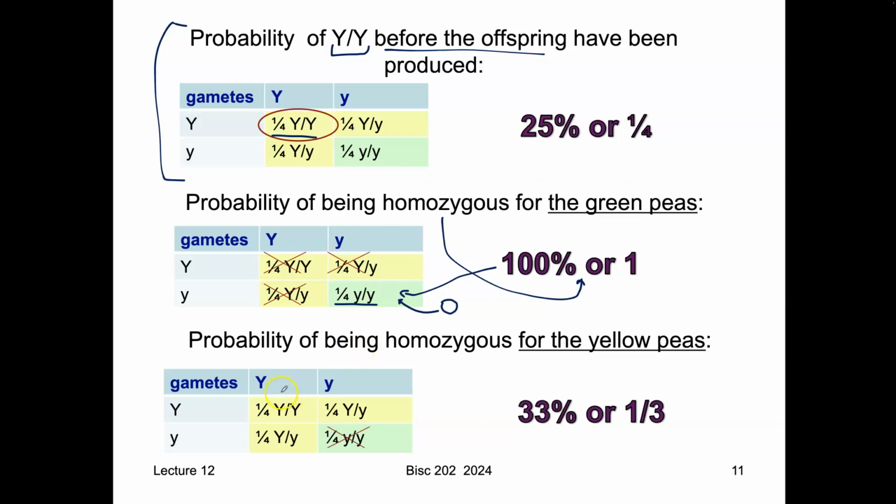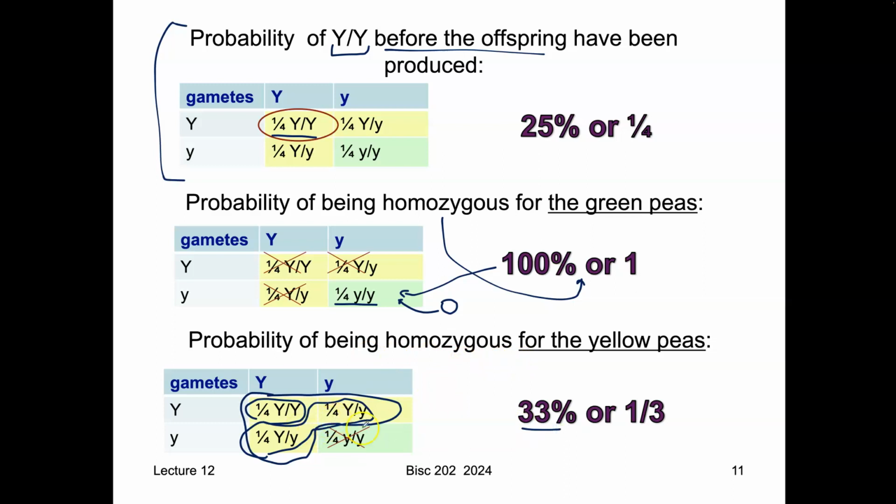But if you have a big pile, a big bowl, say, of the yellow peas, then these are your 3 possibilities. One of them is homozygous, and 2 of them are heterozygous. And so this gives us the probability of being homozygous among just the yellow peas is going to be 33%.